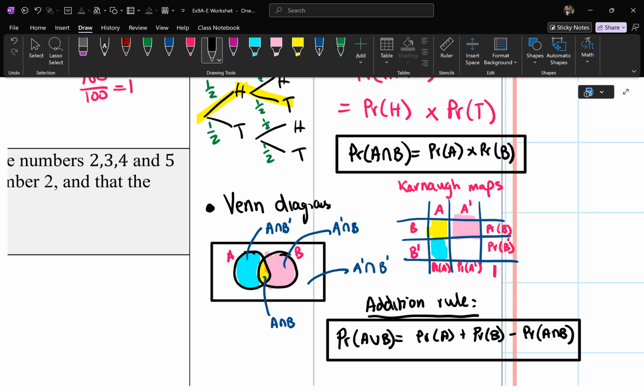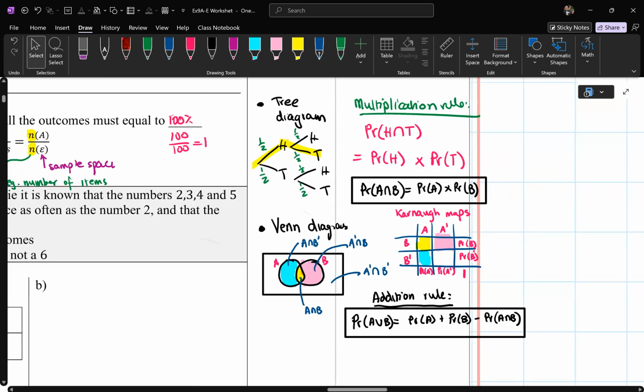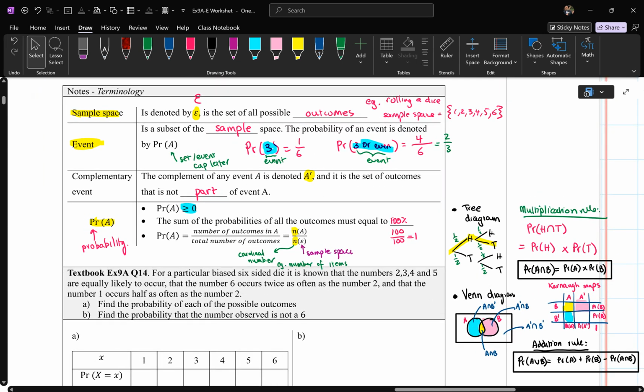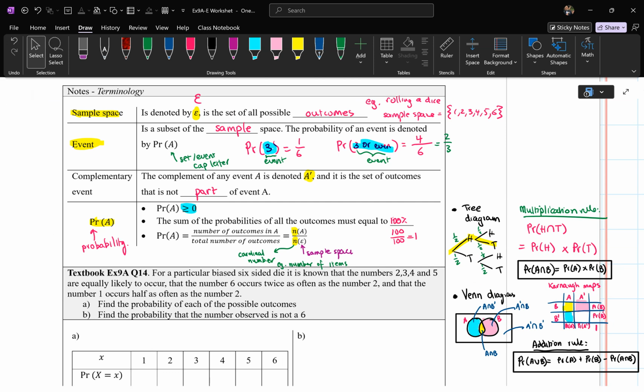So there are 2 rules: multiplication rule, addition rule, and 3 types of diagrams: tree diagram, Venn diagram, two-way tables. How's that sound so far? Pretty good? If I zoom out, that's your year 7 to 10 knowledge. There are different types of questions, and 9A to E practices those skills, how fluent you are with utilizing that. Clear?